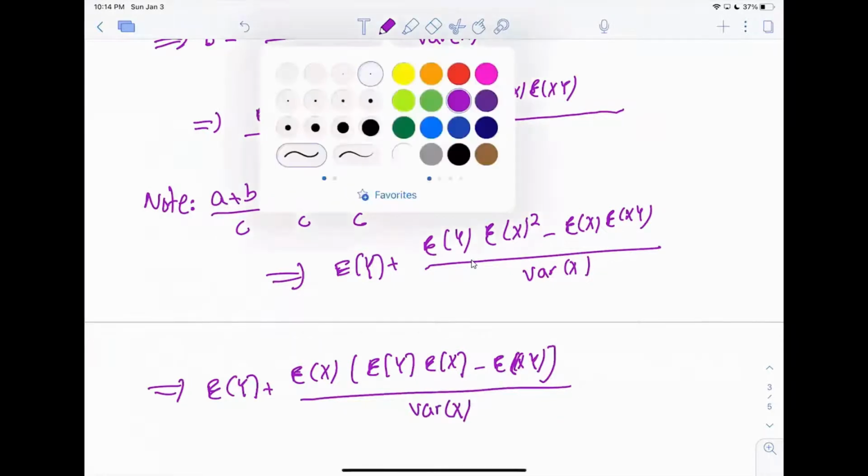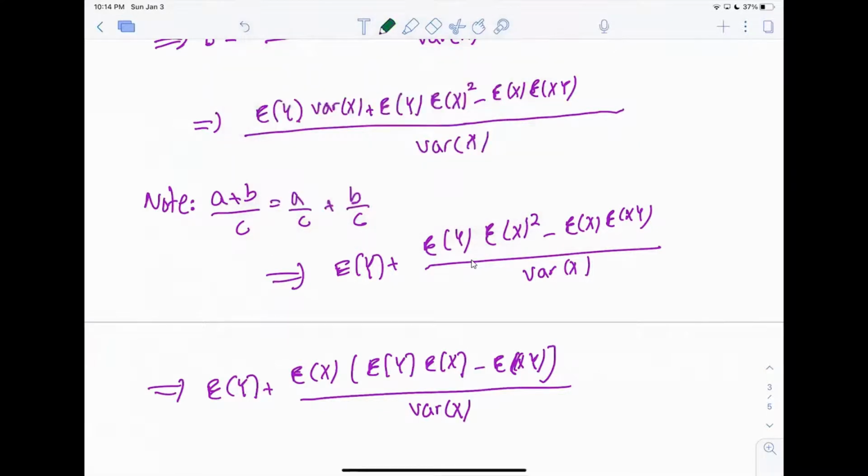What is this term? Let's all look at this one. You're absolutely right. This is negative covariance of xy, because covariance of xy was expected value of xy minus expected value of x times expected value of y. So this is negative covariance of xy.